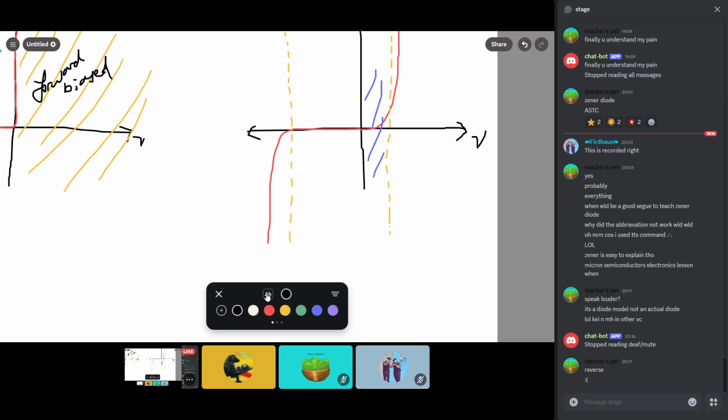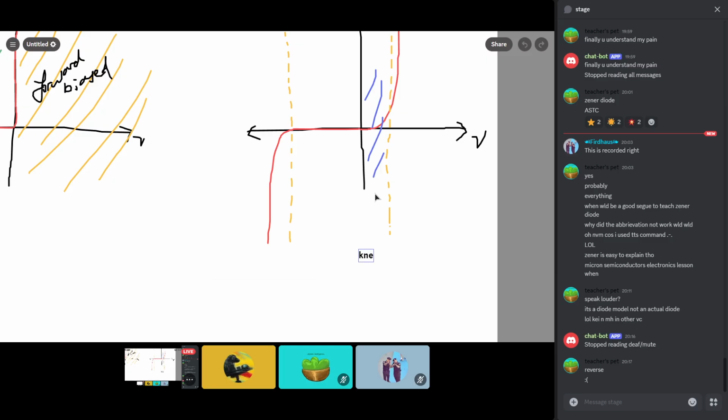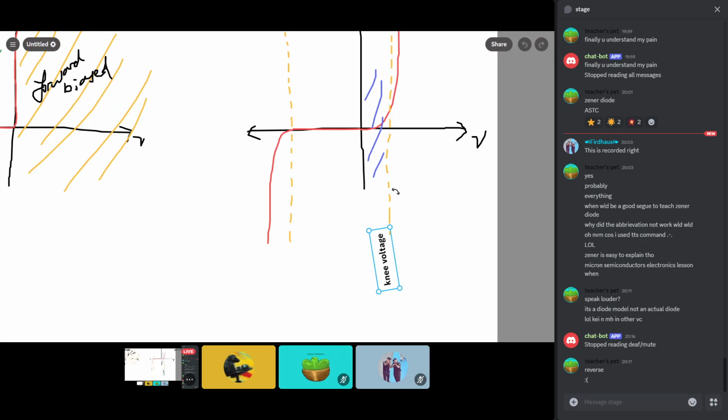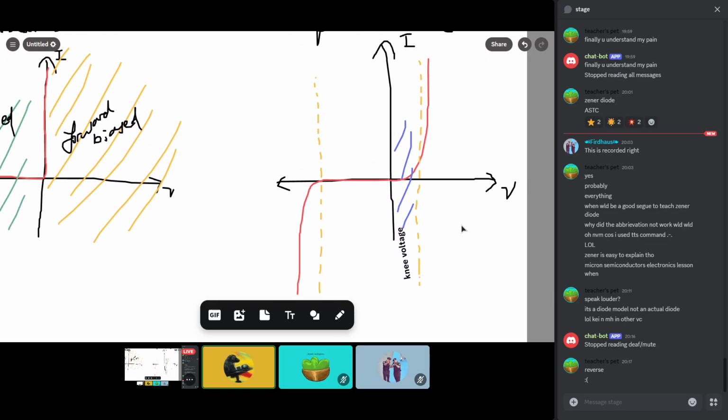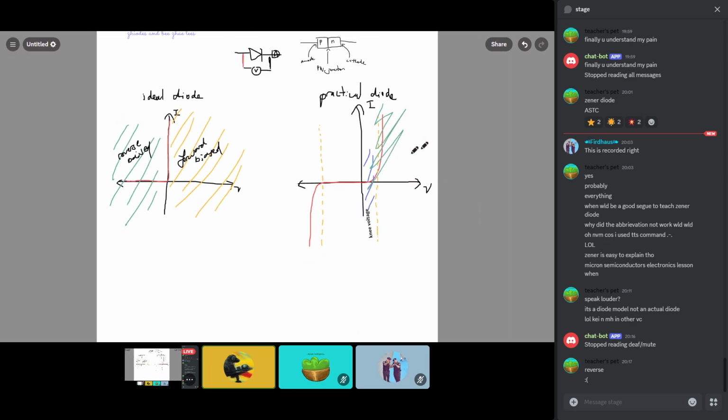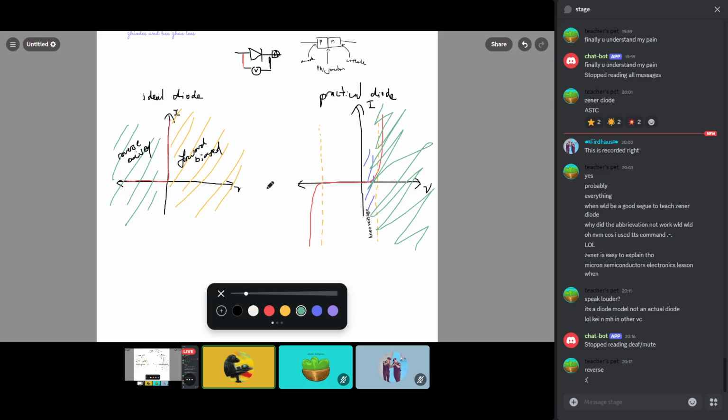Black. Okay, this part here is called the knee voltage. Knee voltage. Cool. And then this is where the diode is on, and this entire part is the diode being forward biased, but just know that I'm not going to illustrate it out.